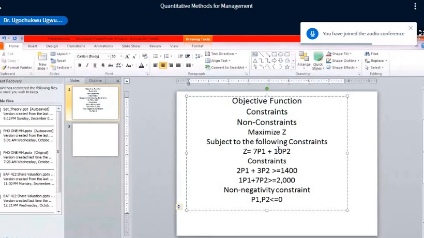Now, we need 5 hours of manufacturing time for product A, and we need 4 hours of manufacturing time for product B, and the total number of hours available for manufacturing is 400. In other words, whatever we are producing among these two will not be more than 400 hours for manufacturing. The same thing applies to assembling.